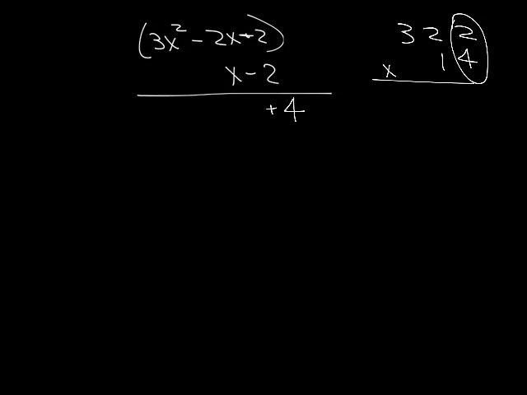Then we multiply these, so negative 2x times negative 2 is a positive 4x. And then, when we multiply numbers, 3 times the 4, we're going to do the same over here. And again, I'm going to put the sign with it, so 3x squared times negative 2 is negative 6x squared. So I put them all in the same line when I multiplied by the negative 2.